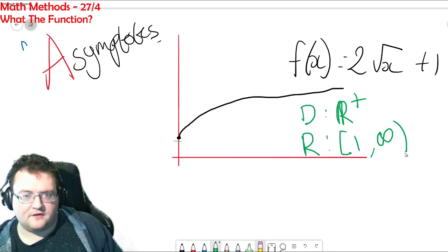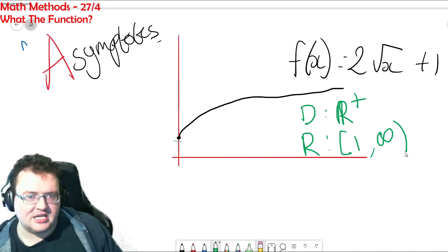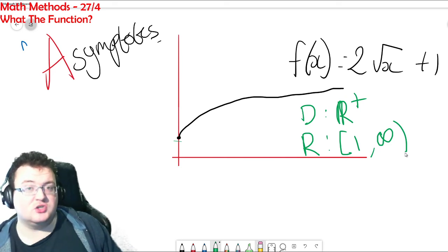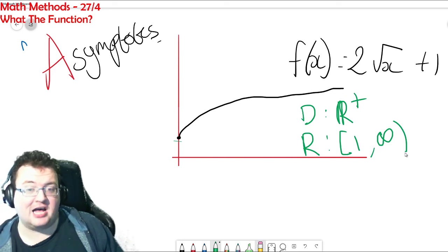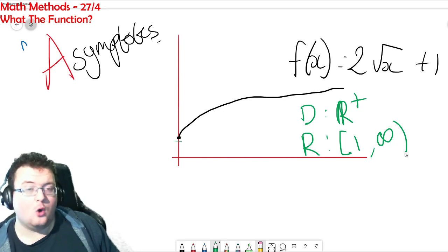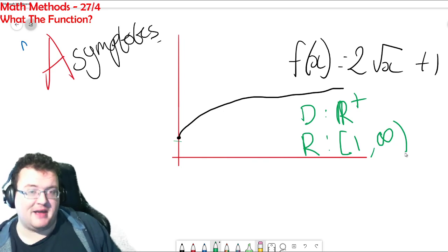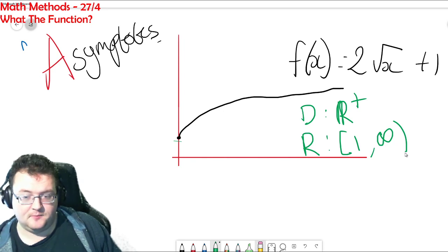You have to be very aware that you only give us what we ask for. If we have what's called a restricted domain, that probably means the range is also going to be restricted, and you're usually asked to state what the range is for the domain values that you can see.